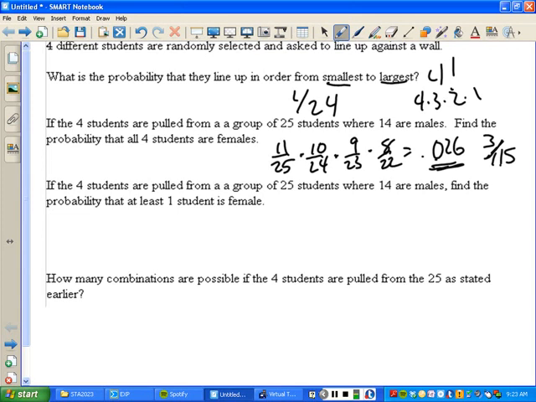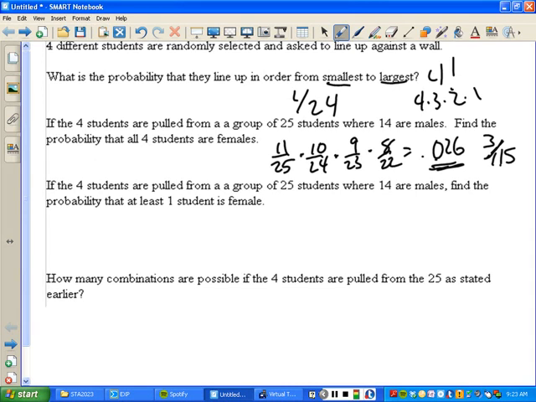And people will say, well, you need to know their ages. No, you don't. There's only one way to get 4 people to line up in order from youngest to oldest. There's no other way to do it. So 1 in 24.